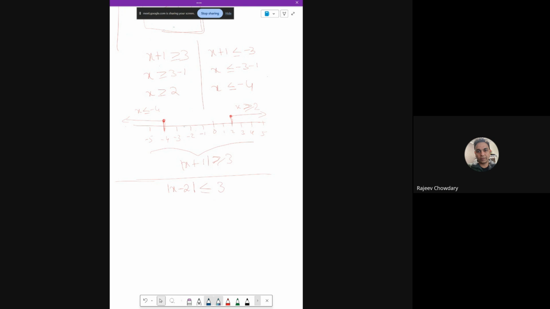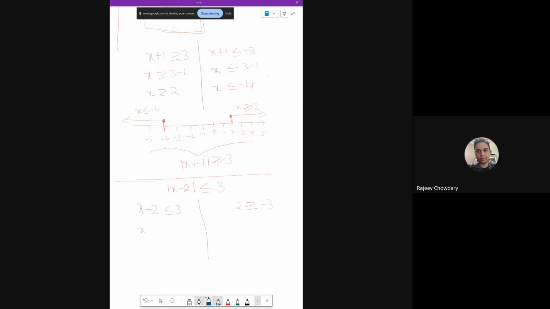I'm also solving. As per the definition, I'll split into these two. x minus 2 is less than or equal to 3. On this side, x minus 2 is greater than or equal to minus 3. The moment I move this across, I add the opposite sign.